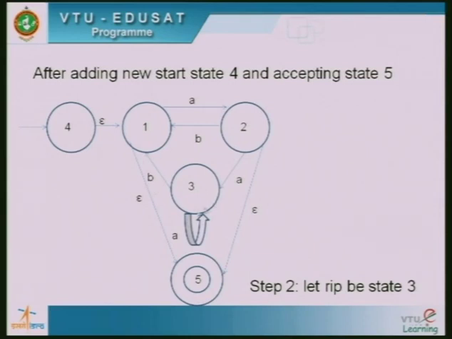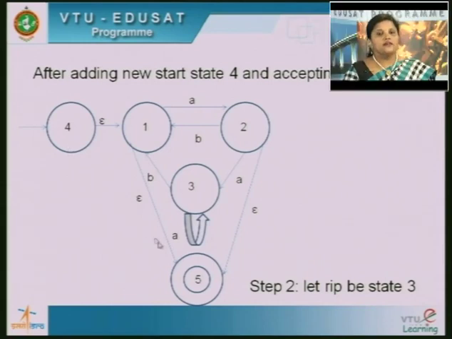Okay. So next, keeping the start state and the final state, you should remove all the intermediate states. Let us do it one by one. I will select state 3 as the rip state.